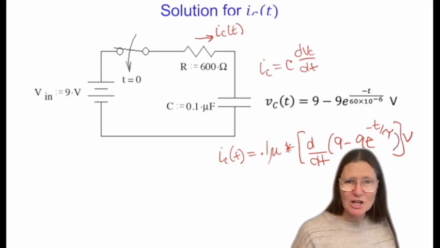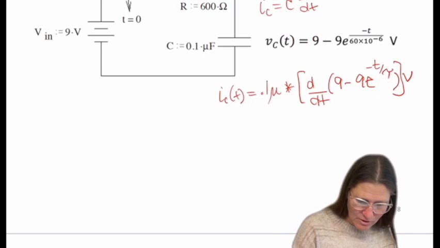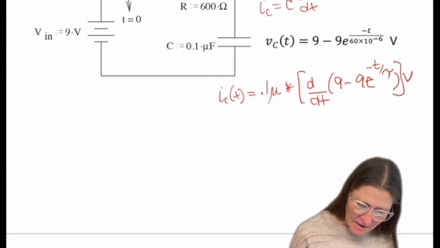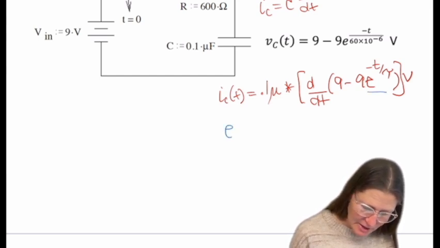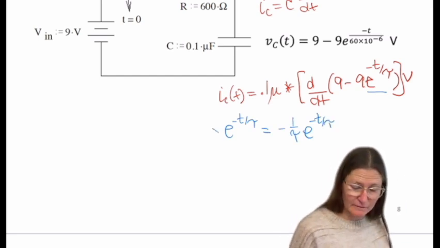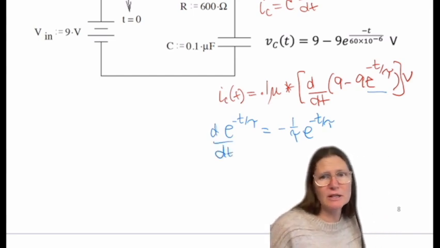So if I differentiate 9 minus 9e to the minus t over tau, the differentiation with respect to t is minus 1 over tau e to the minus t over tau.